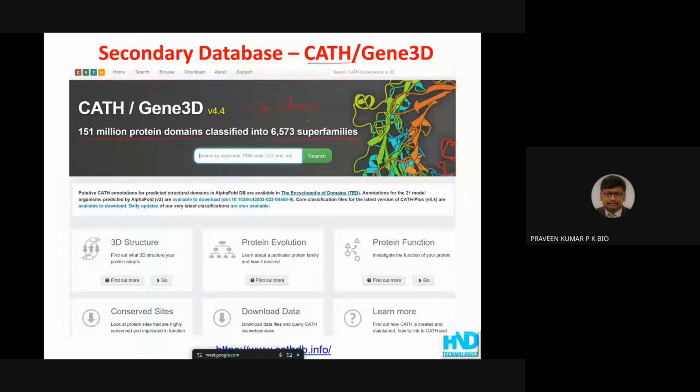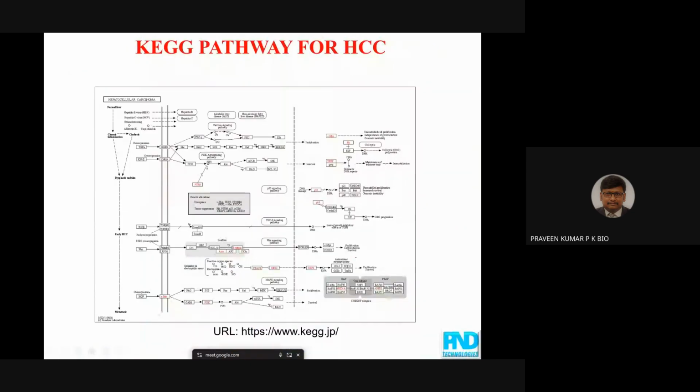One such class is the superfamily, and like this we have family, etc. These proteins or domains we can see by typing keywords like PDB code, gene ontology term, and even protein names. So this is how you can use CATH. These are the data I can see from CATH.